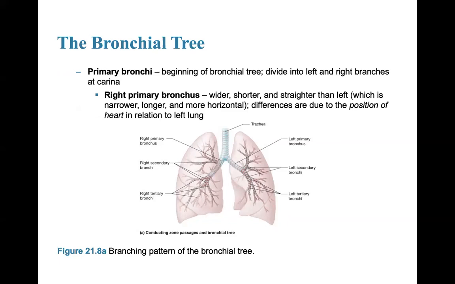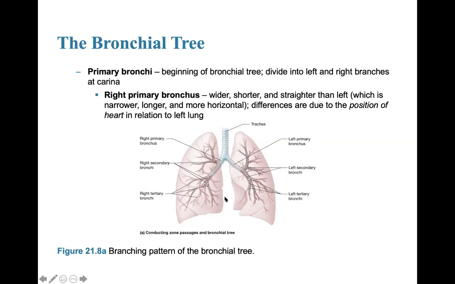So the primary bronchi, this is the beginning of the bronchial tree, and it's divided into left and right branches at the carina. The right primary bronchus is wider, shorter, and straighter than the left, which is narrower, longer, and more horizontal. The differences are due to the position of the heart in relationship to the left lung.